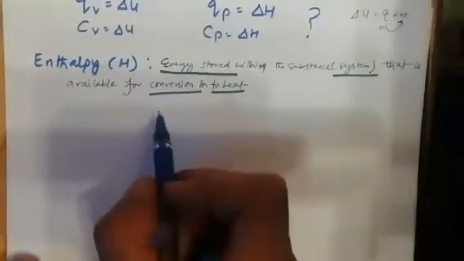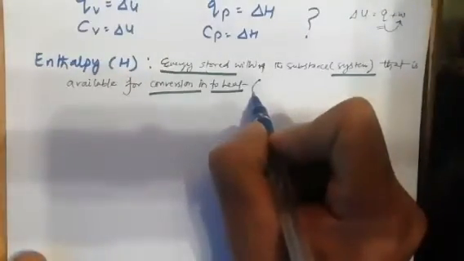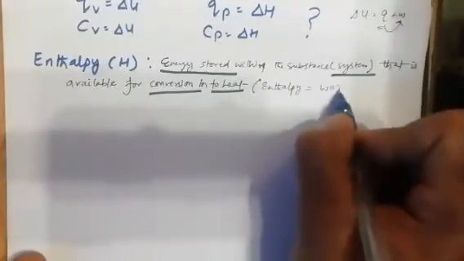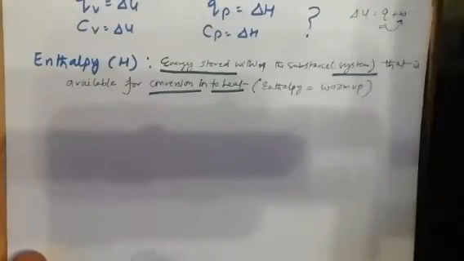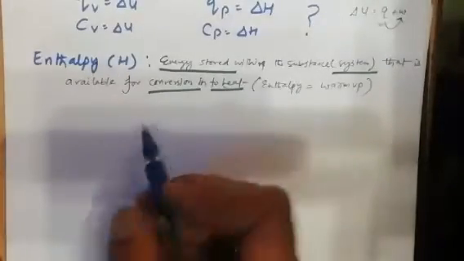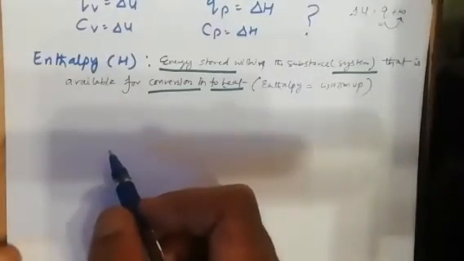What is enthalpy now? Basically, in Greek, the word enthalpy means warm up, where we use that heat to do the work. It is also called the heat content of the substance.